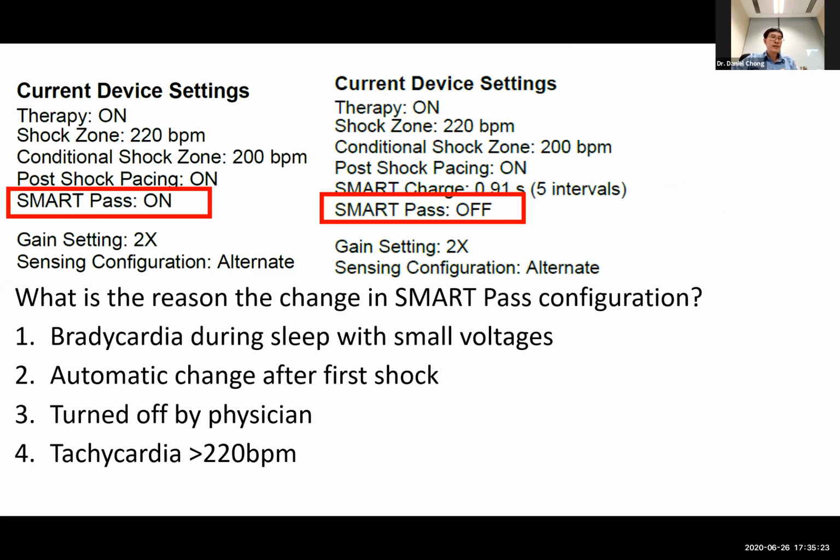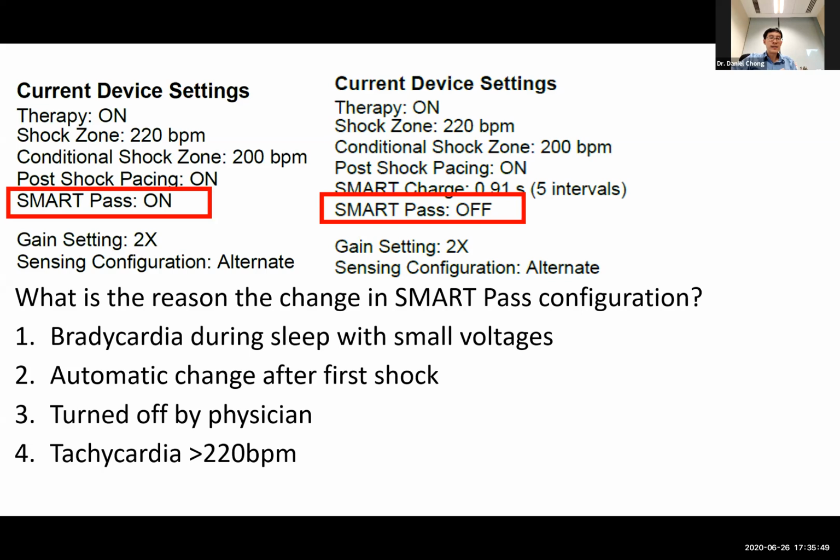All right, is it 1, bradycardia during sleep with small voltages? 2, automatic change after the first shock? 3, it was turned off accidentally by a physician, follow-up physician. 4, the tachycardia of more than 120 beats per minute resulted in the smart pass being turned off.